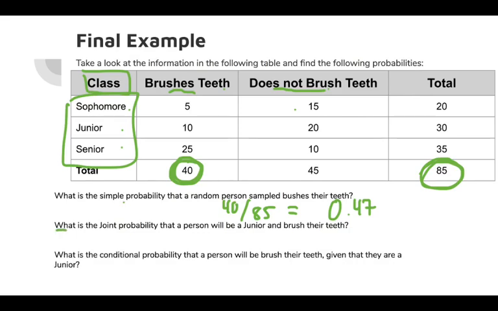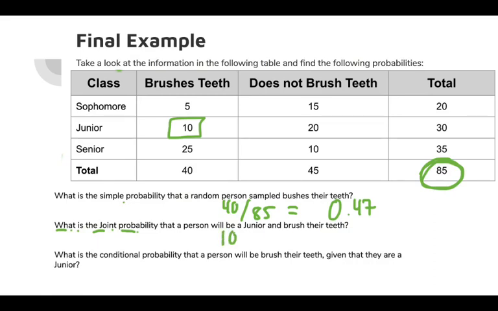So now let's look at an example with joint probability, right? What is the joint probability that a person will be a junior and brushing their teeth? For this, they have to be both a junior and be brushing their teeth, and it has to happen at the same time. If I look at this, of all the people I looked at, 10 of them were juniors and brushing their teeth.